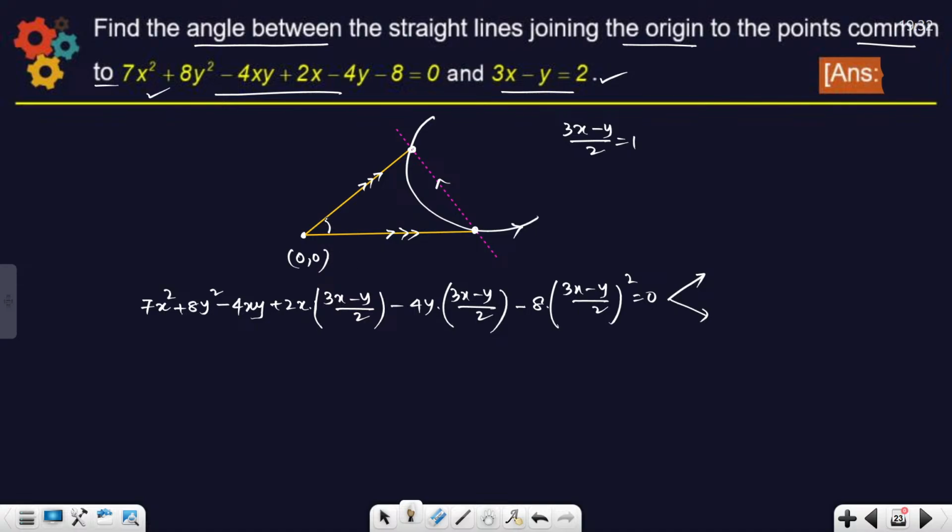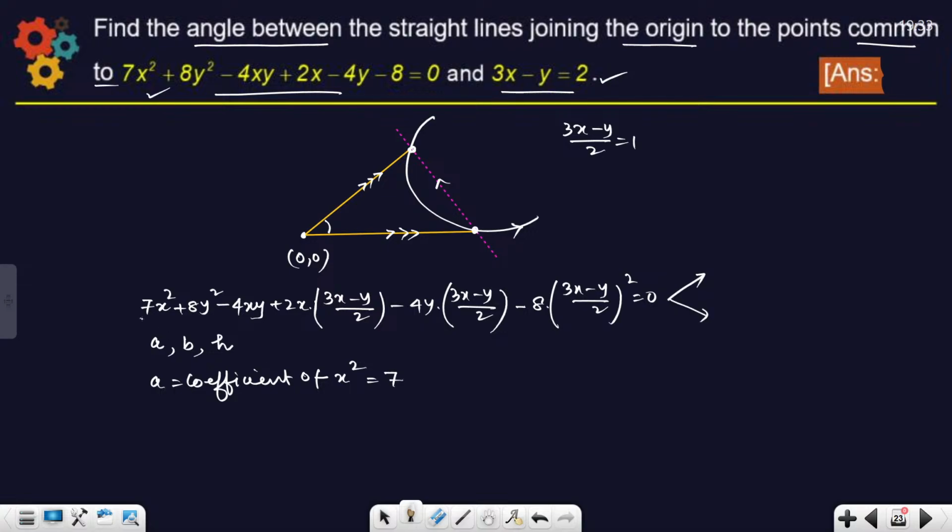So now I have to find the angle between them. First, to find the angle between them, you need to find A, B, and H. So what is your A in this case? A is the coefficient of x squared.